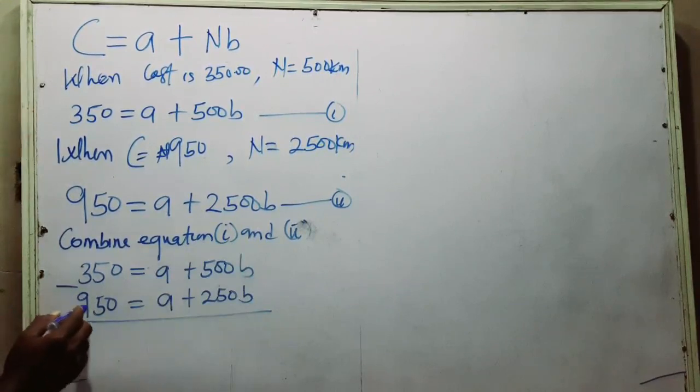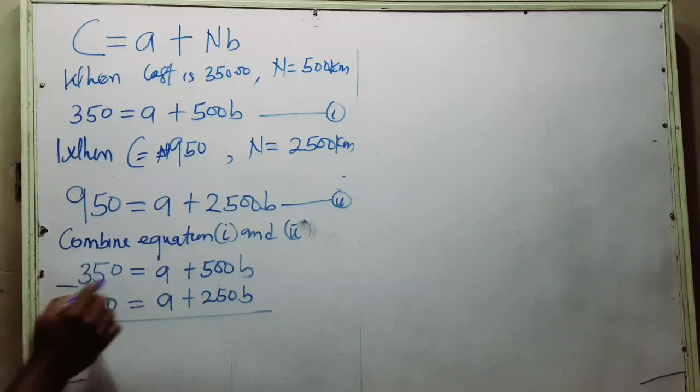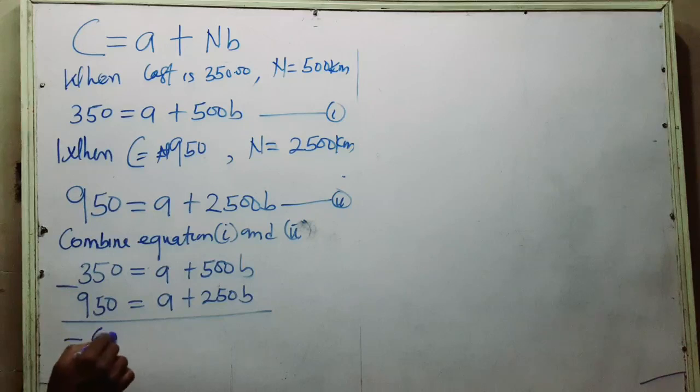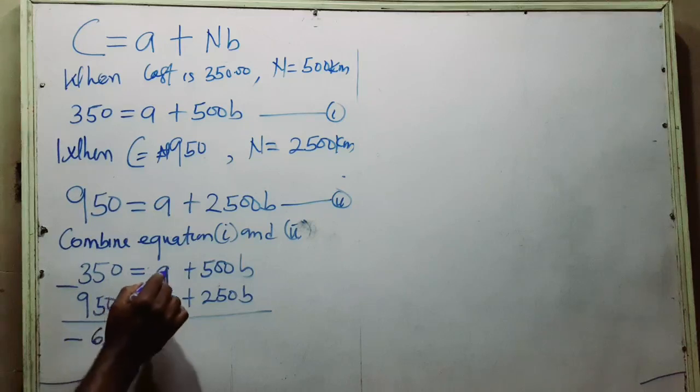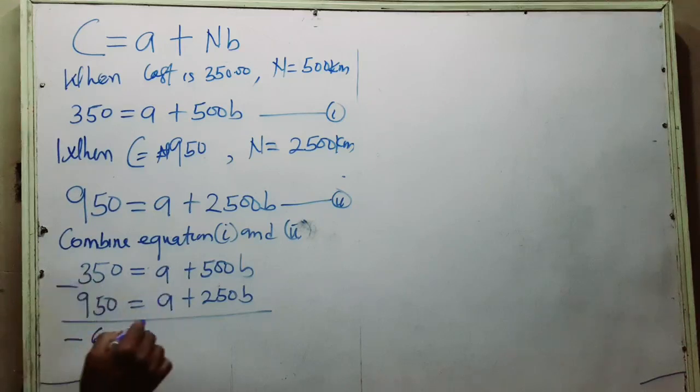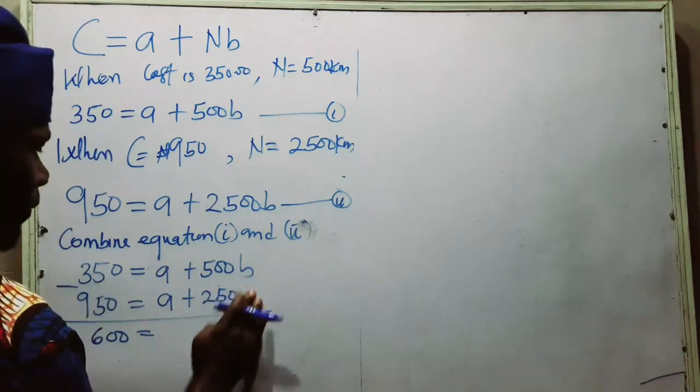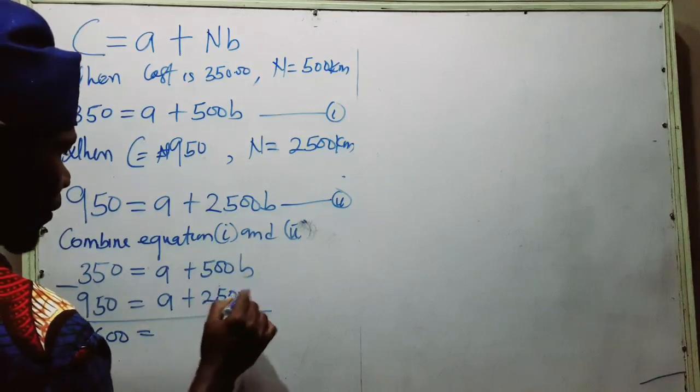By the time we're able to see it, this should be a negative side, which is minus 600. That is, 350 minus 950 will give us minus 600 is equal to A minus A, we have 0, 500B minus 2500B.